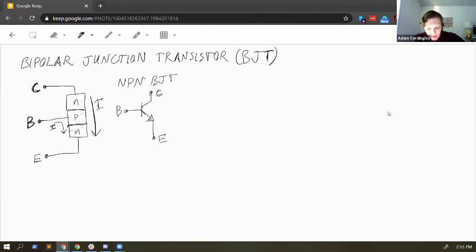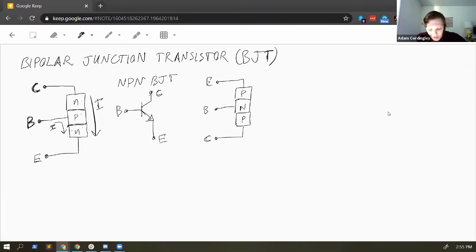So we can also have the inverse of this. We could have a P-type junction with an N-type sandwiched between them. We'll call this the base. We'll call this one the emitter. This time, this one will be the collector.